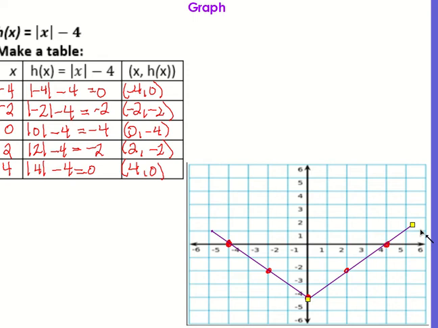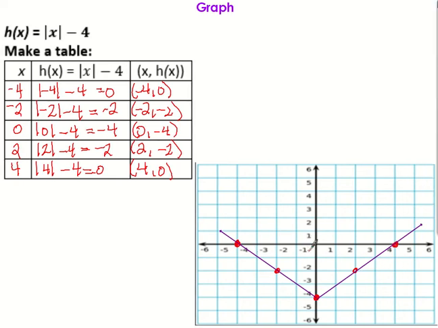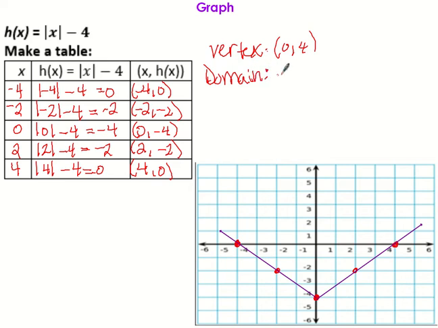All right, so our vertex is no longer at 0, 0, right? My vertex is now at 0, negative 4. I'm just going to add this into these notes. Is at 0, negative 4. My domain is still all real numbers. But my range is not just at 0 anymore, is it?